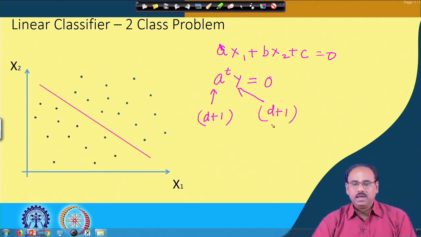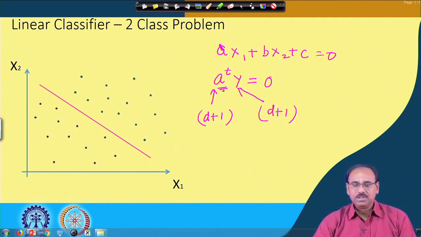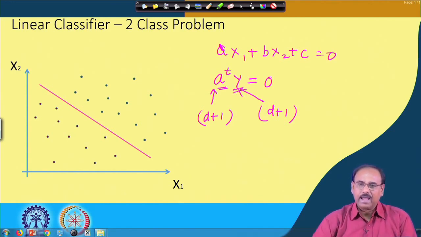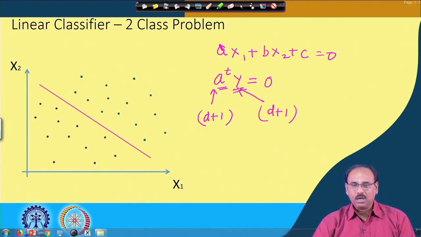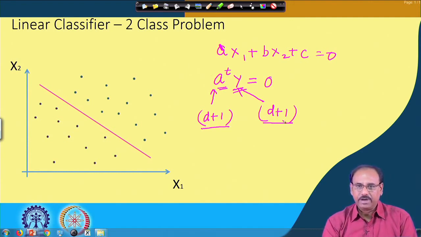As we said in our previous lecture, A includes the vector which is perpendicular to the plane separating the feature vectors belonging to two classes and also the bias term, and y is obtained by appending 1 to the feature vectors of dimension d. That is how we get a d plus 1 dimensional vector for A and also for y, the feature vectors.